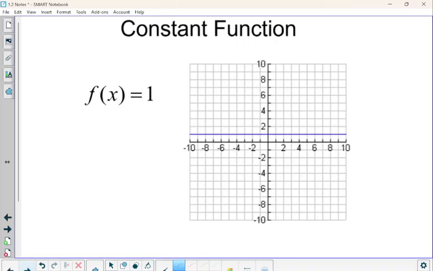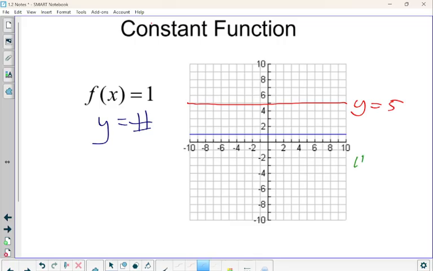So let us start off simple, constant function. f of x equals 1, or y equals, it could really equal any number. So I could have, let's say, y equals 5, or f of x equals 5. What are the key properties on this thing?